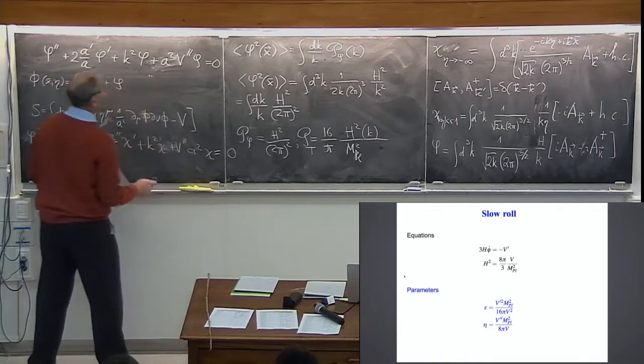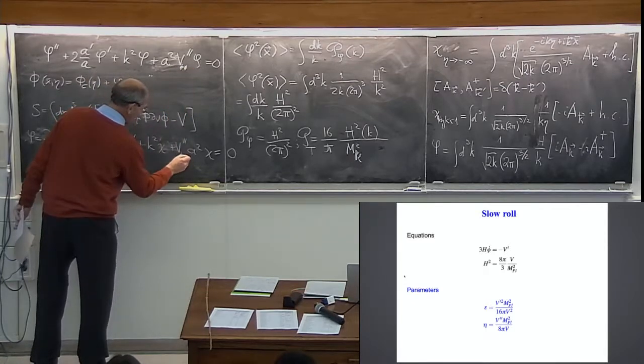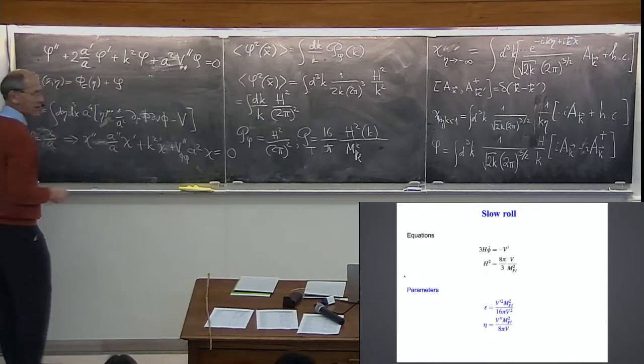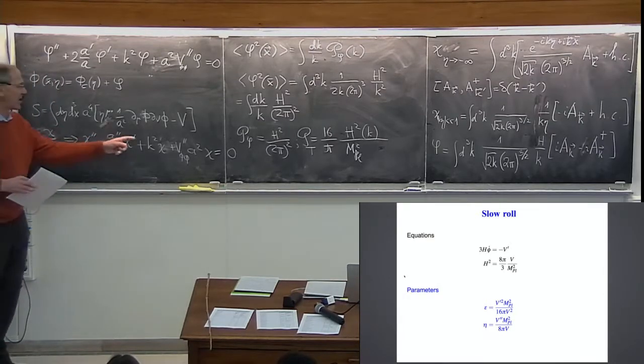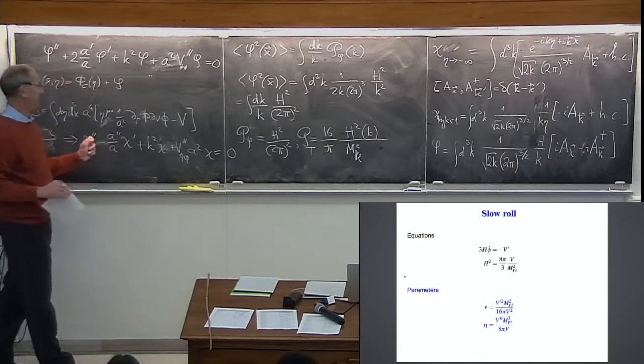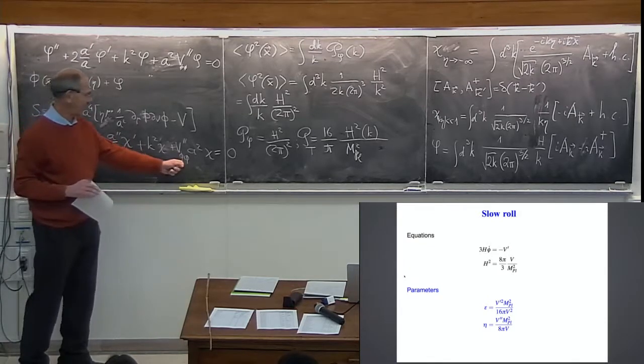Now it's confusing: this is the derivative with respect to phi. So this prime and this prime are different primes. This prime, everywhere except here, is the derivative with respect to conformal time. Here, this is the derivative with respect to phi.